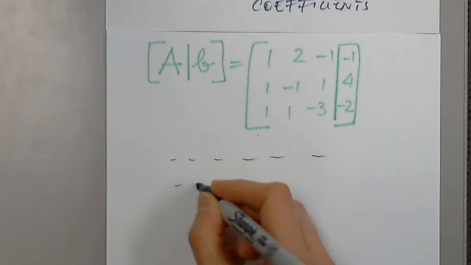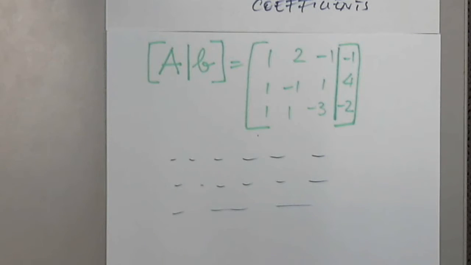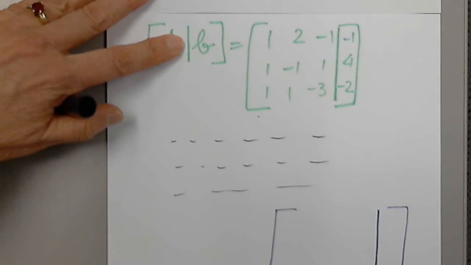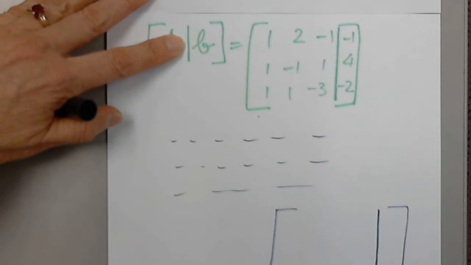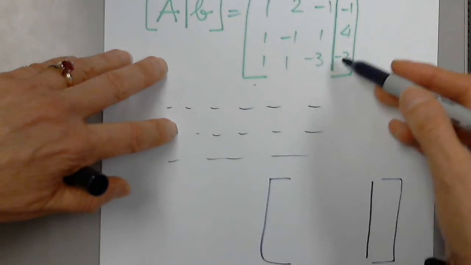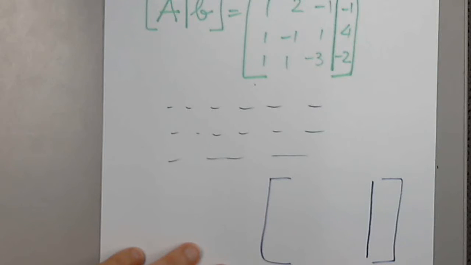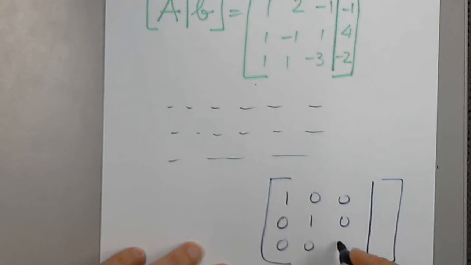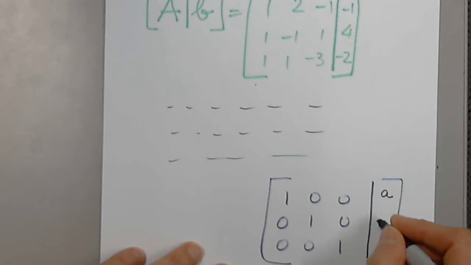In number 5, I'm going to show you some process. After I apply some operations to this, we'll talk about it, I will change this augmented matrix into this, and a number here, a number here, and a number here.